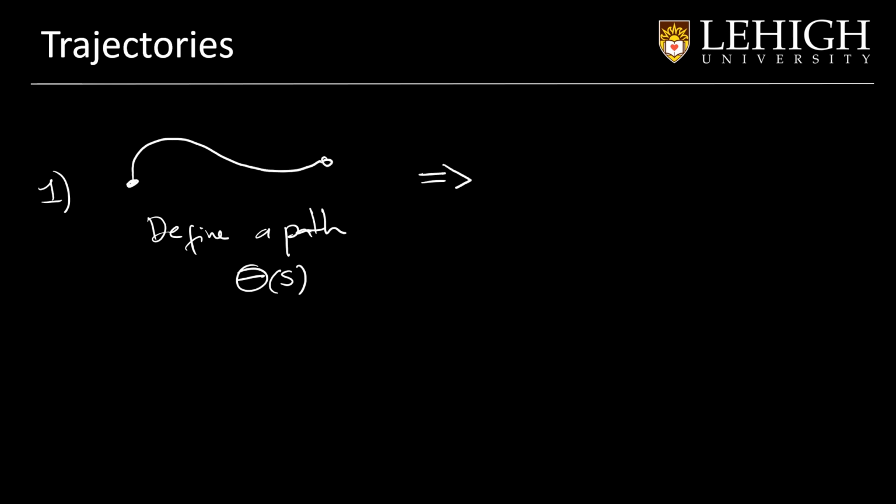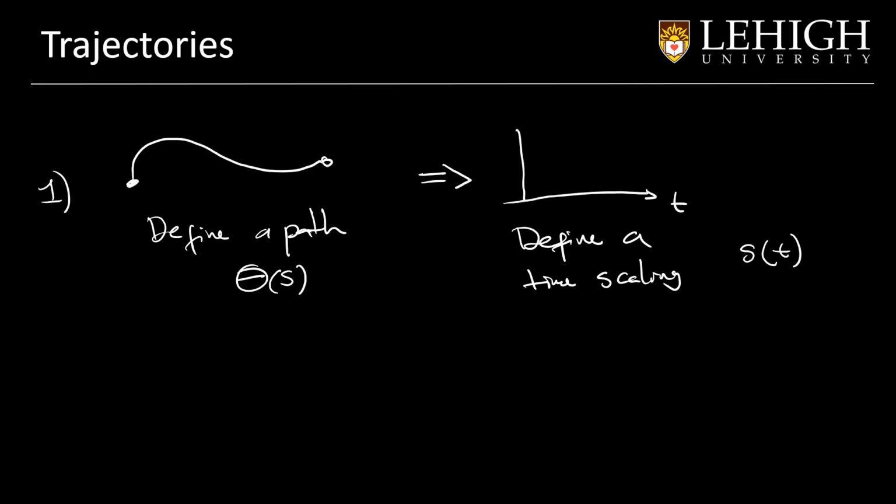And based on that path, we can define a time scaling, and we will find how that s changes with time. We saw that behavior by studying how the time changes with the velocity.